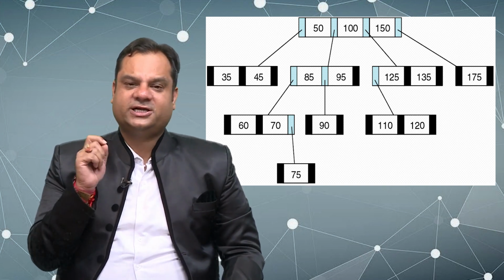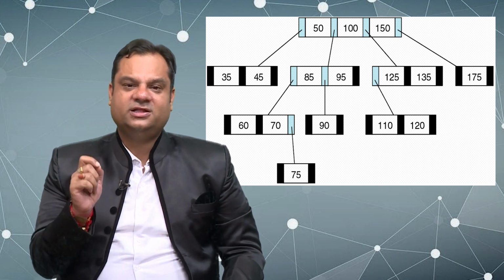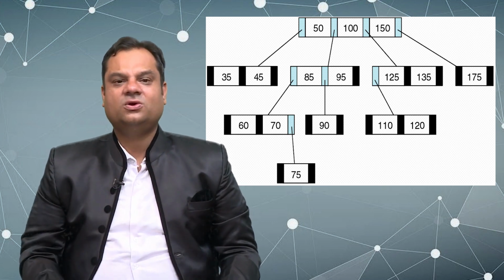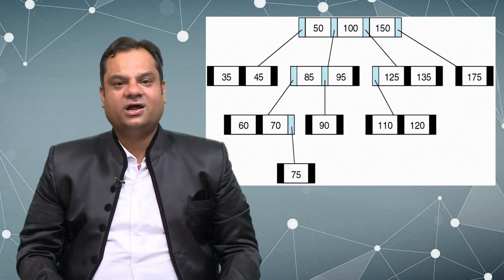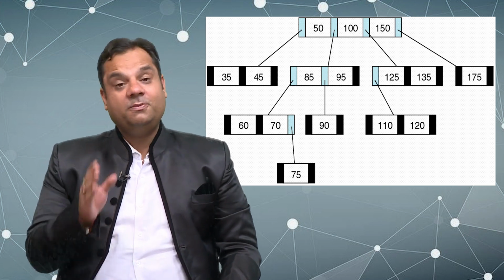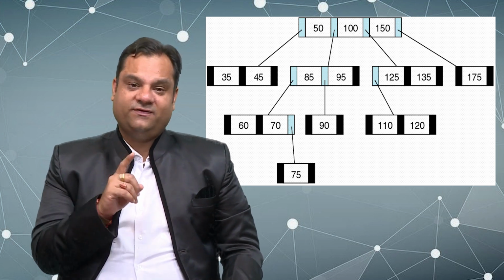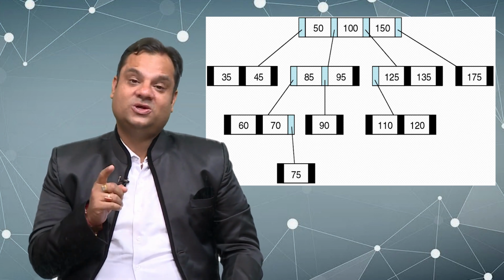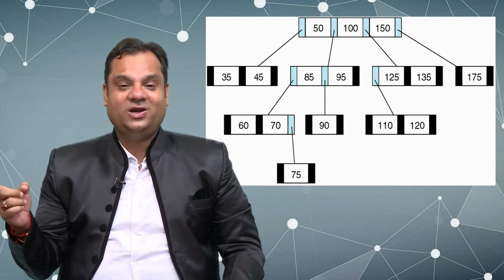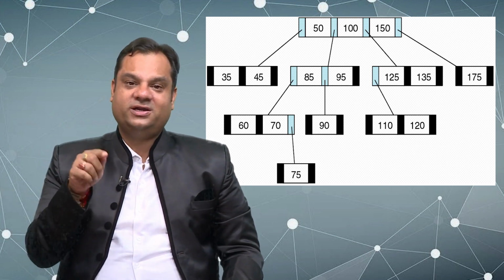We're talking about the second child, which is greater than the key 1 value. So the values are 85 and 95, and both are greater than 50. But 85 and 95 are also less than the K2 value, and the K2 value here is 100.